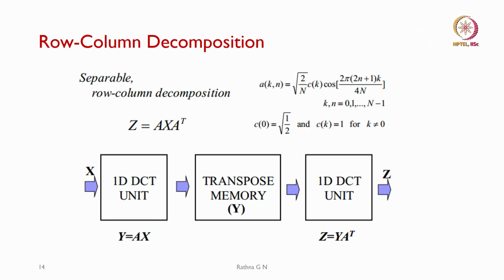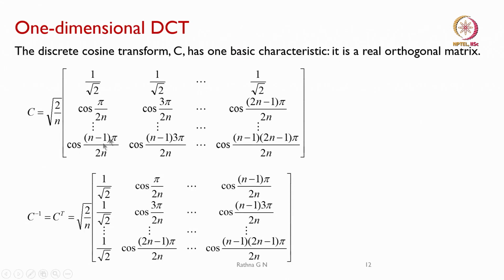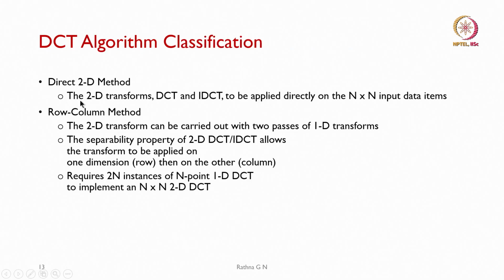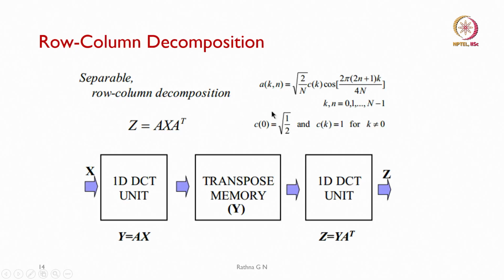As you can see in the previous derivation, this is root 2 by n, so this is 1 by root 2. So the first c 0 is 1 by root 2, and the rest of them we can assume as 1.